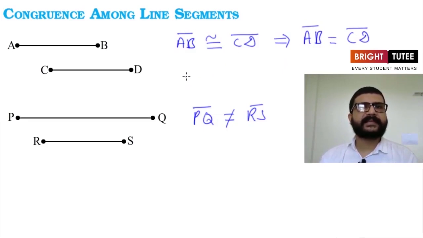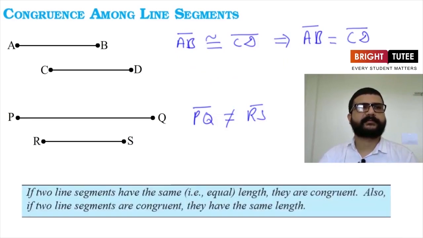So from here we can say that two line segments are congruent if they have the same length, and if they are congruent they will always have the same length. So here is the statement for this: if two line segments have equal length, they are congruent.